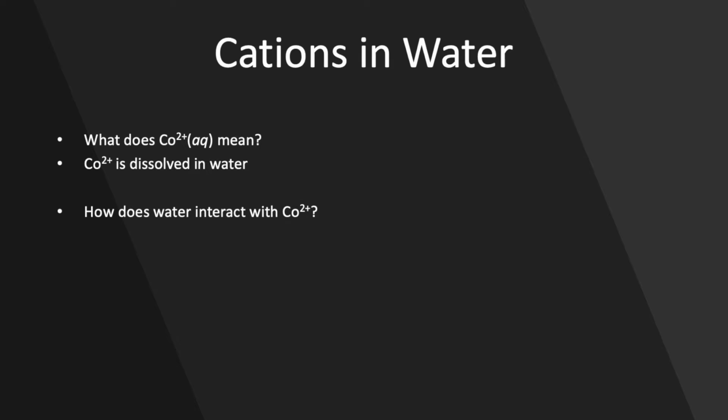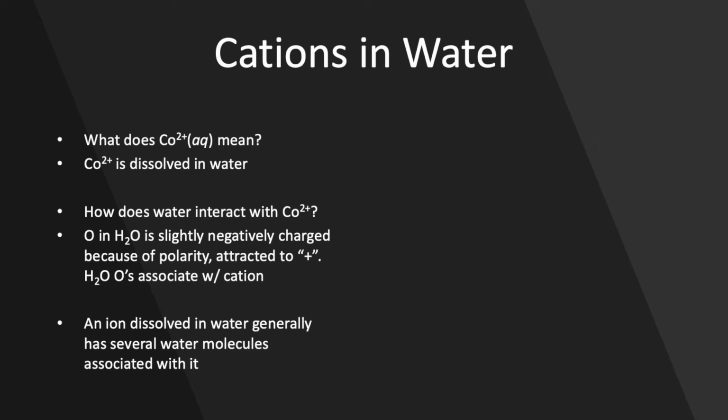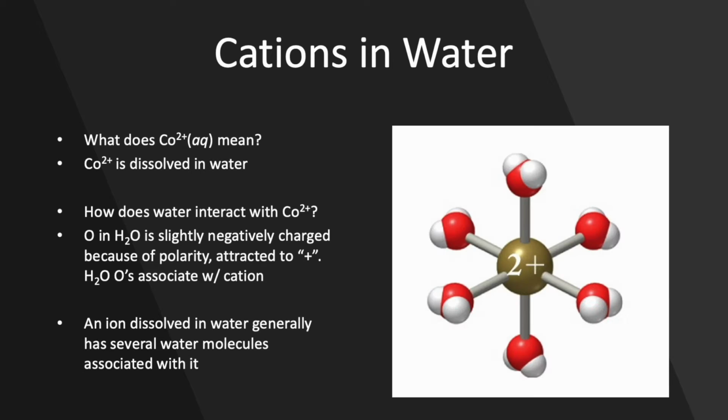Well, it has a positive 2 charge, and because of that, water, which is polar, will orient itself in a way so that the partially negatively charged oxygen atoms will point toward the positive charge on the metal ion. And in general, an ion that's dissolved in water will have several water molecules associated with it.